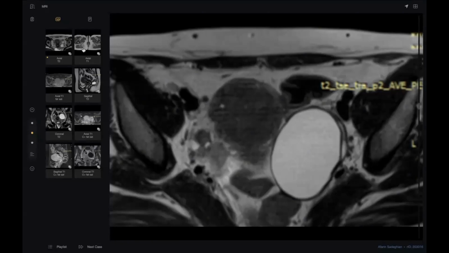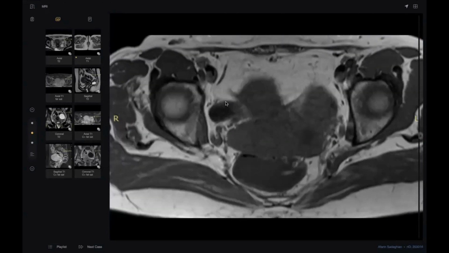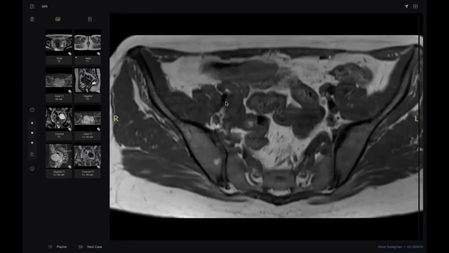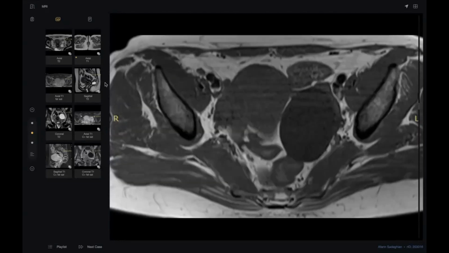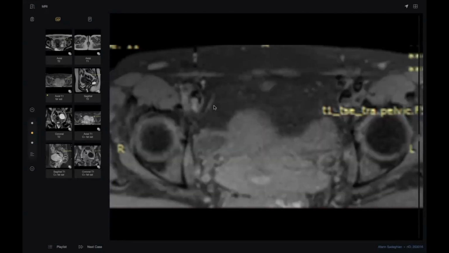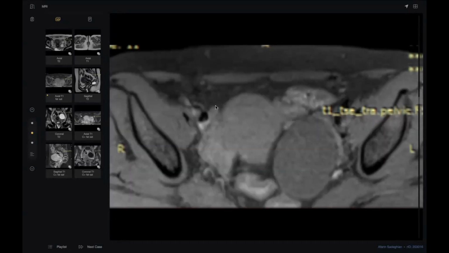See here, in T1, no clue, no evidence of hemorrhage or fat or anything, just a simple cyst or a benign cystadenoma. Even here in fat sat, see doctor, this is not iso. Iso to what? To the muscle? At least, no, this is a hypo-intense signal in relation to the muscle or the uterus.